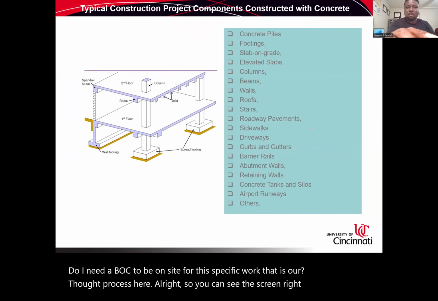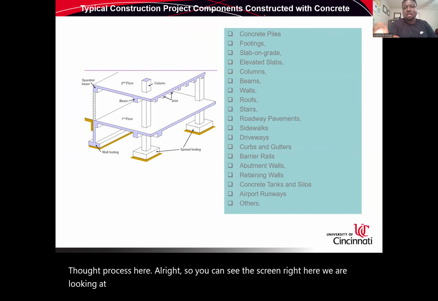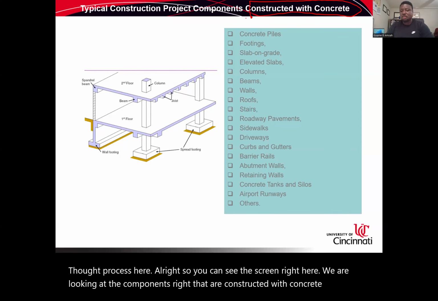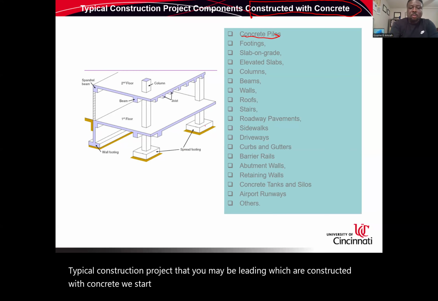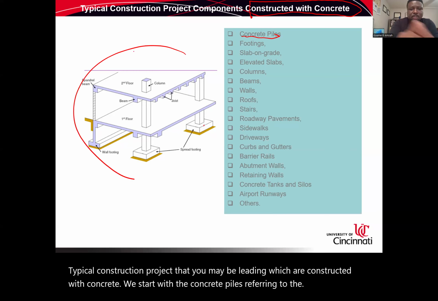All right, so you can see the screen right here. We are looking at the components that are constructed with concrete, right? Typical construction project that you may be leading, which are constructed with concrete. We start with the concrete piles, referring to the picture you see here.